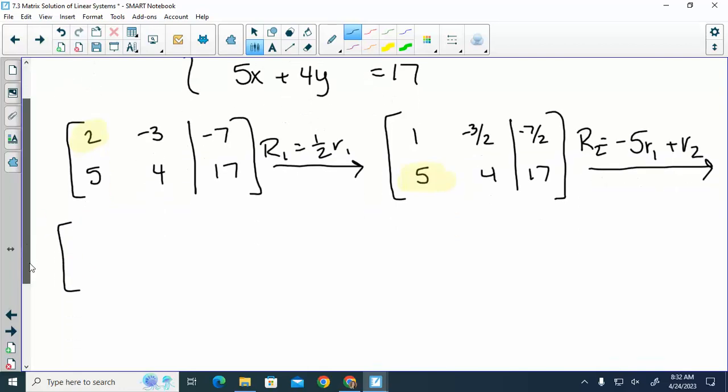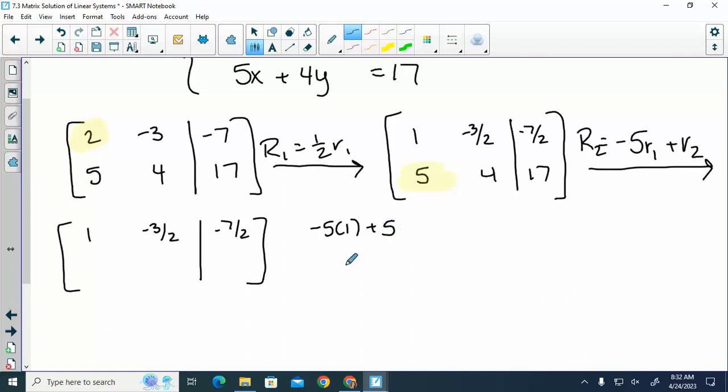So again, you can use a calculator if you have to. We're not changing the first row. We will get some fractions here. Negative 5 times 1 plus 5 is 0.